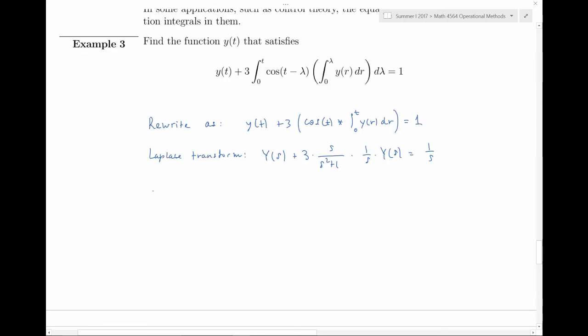Solving for y of s gives us 1 over s divided by 1 plus 3 over s squared plus 1. Which simplifies into s squared plus 1 over s times s squared plus 4.